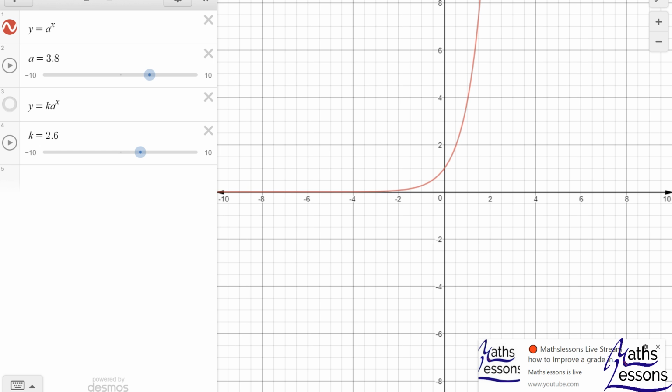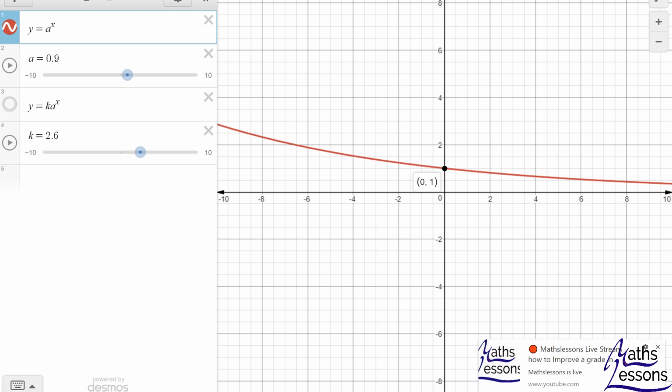And no matter what value of a, you'll find it's still going to cross 1. So an exponential graph, just a to the x, always crosses at 1.